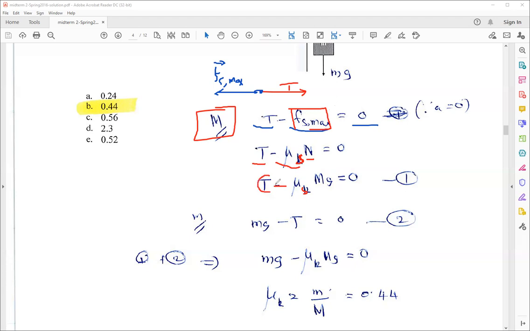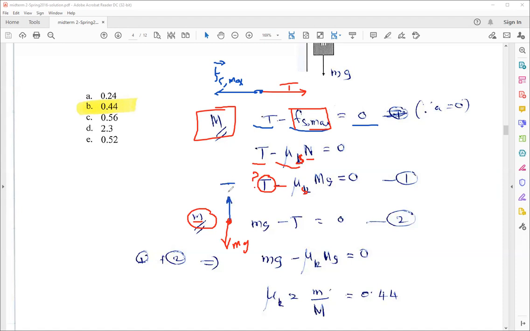Now for the tension, we still don't know it yet. How can we get tension? If we look at the hanging mass, lowercase m, and represent it with a free body diagram, you have mg pointing down, which is gravity, and tension pointing up.